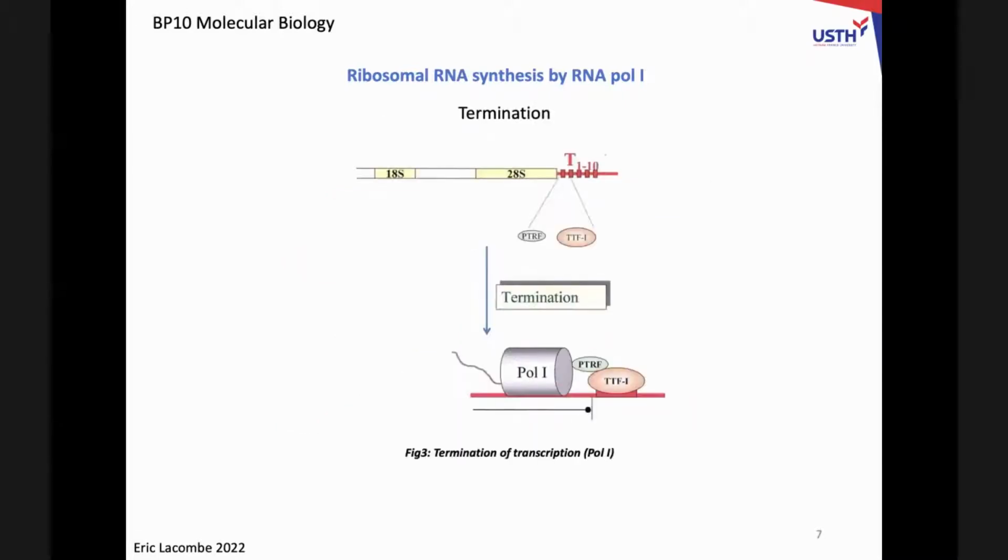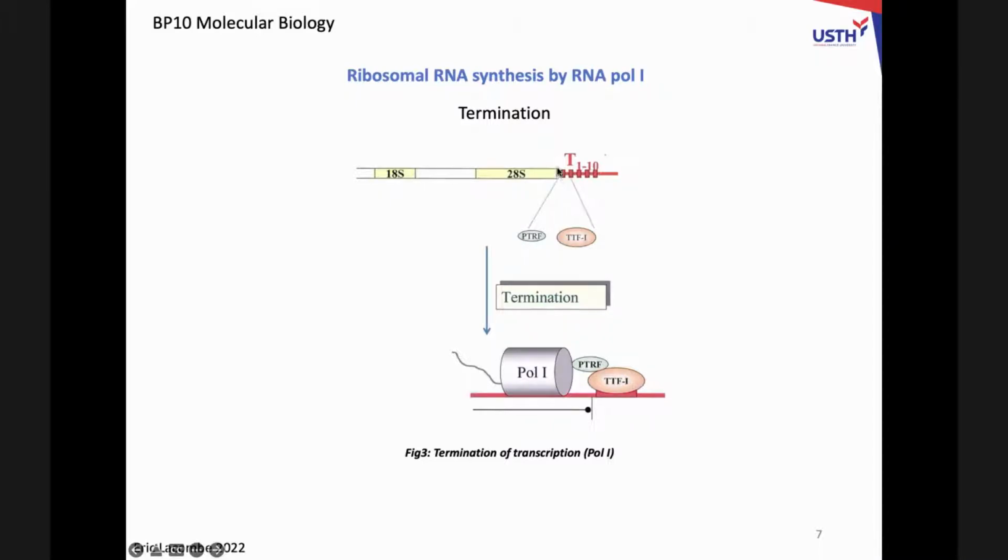For Pol 1, the termination of transcription is very, very straightforward, and you will see it's much more complicated for Pol 2. Here in this drawing, you've got the end of the DNA that is going to be transcribed by Pol 1. The promoter is on the left, 18S, 5.8S in the middle, 28S.